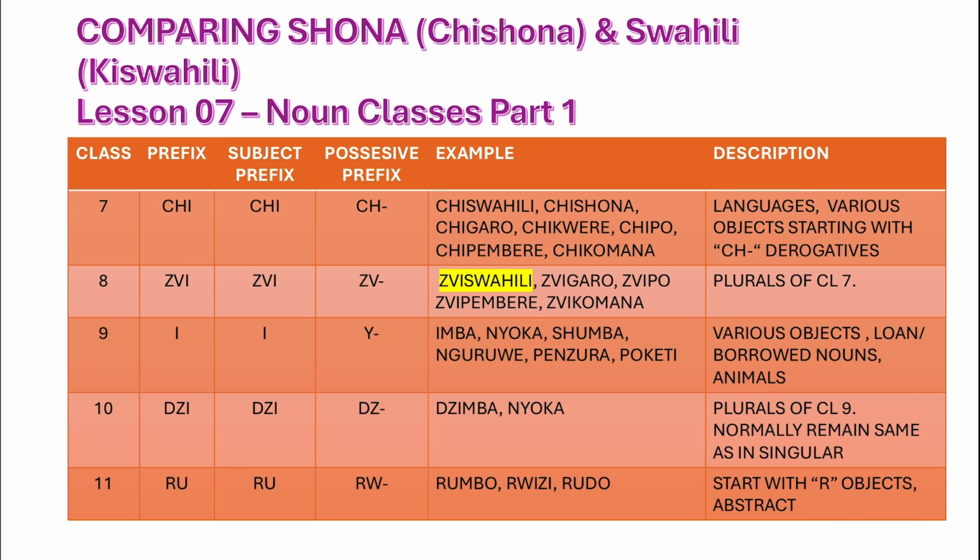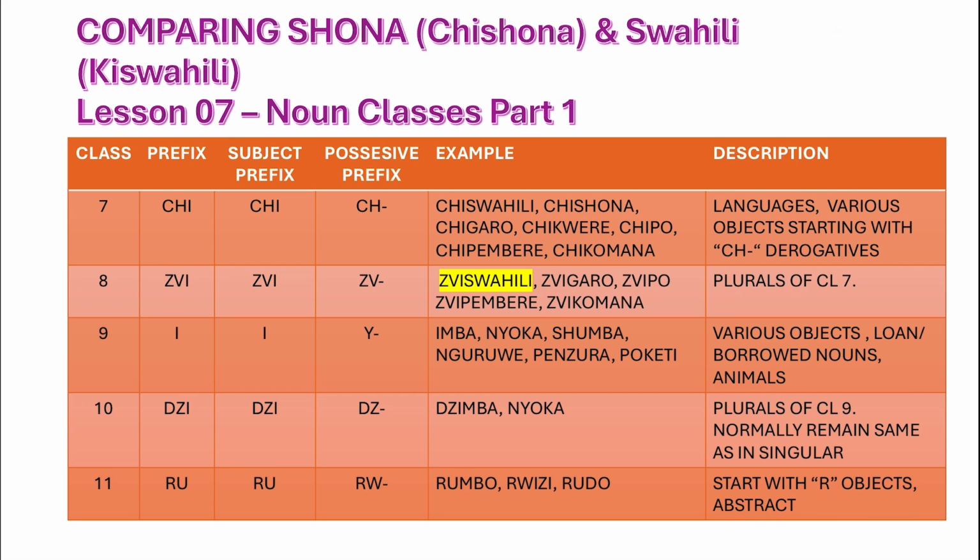Chishona is Shona language. Chigaro is a chair. Chikwere is a chicken run. Chipo is a gift. And we also have some small animals here like chipembere, a rhinoceros.